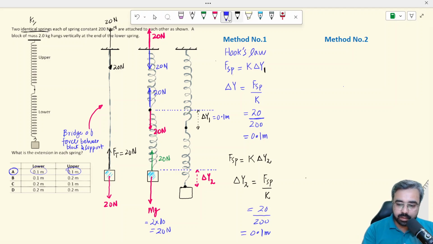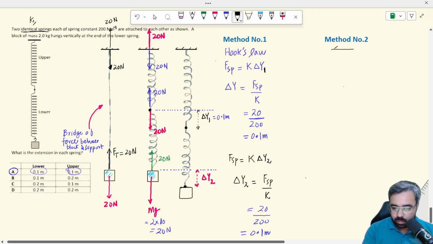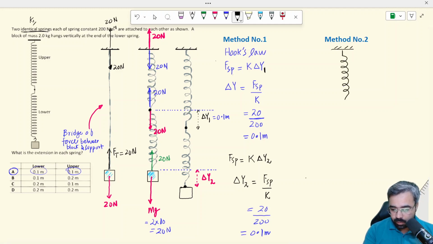Now in the second method, why not treat the whole system of these two springs as one spring? If I replace it with one spring whose spring constant is k equivalent, now we can find the k equivalent value, and this is the weight, 20 Newton downward. And what is k equivalent?